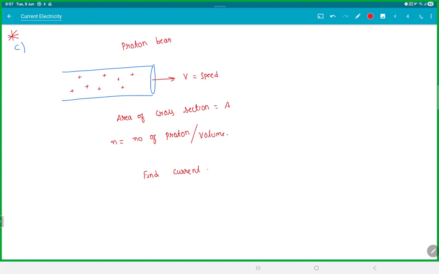Okay, let's see. Consider a small cross section. Consider a thin section here, dx. So in this section dx, how many protons are there?